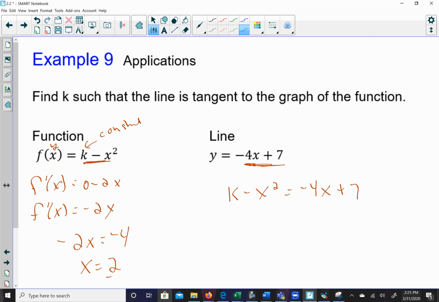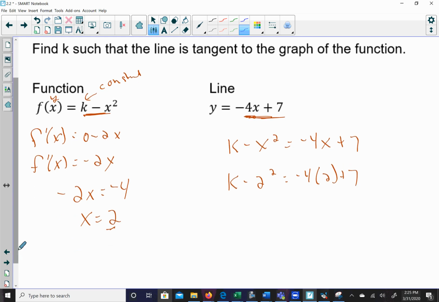We just said x was 2, so I'm going to substitute that in and solve for k. So when I do that, I'm going to have k minus 4 is equal to negative 8 plus 7. So k minus 4 is equal to negative 1. So k is equal to positive 3.